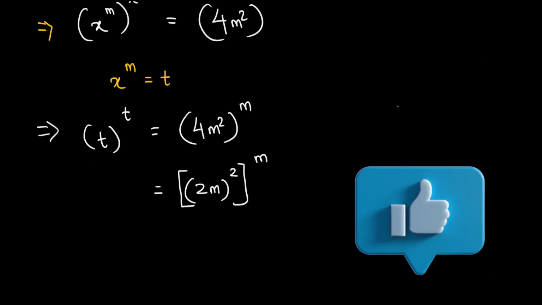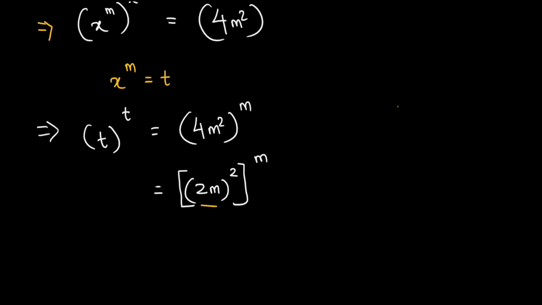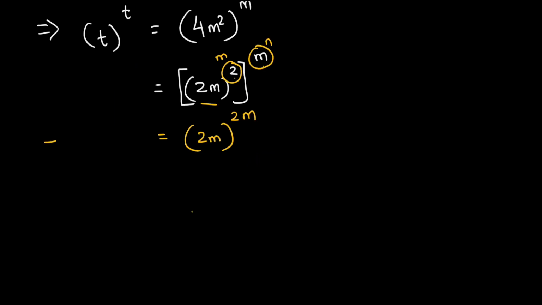Hence here we can say 2m to the power 2 to the power m. If we consider this as m and this as n, then we can write this as 2m to the power m into n.